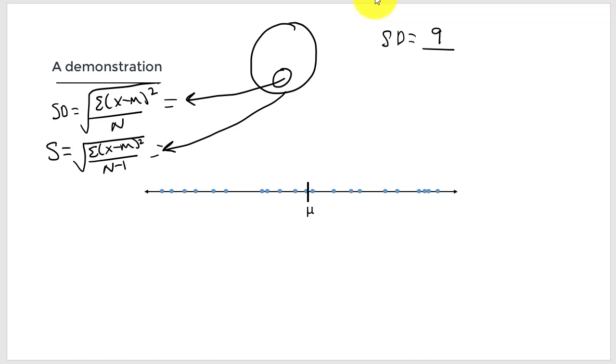For the sake of argument, let's say that there are 3 people in the group. So we would do sum of squares divided by n. The sum of the squared deviation scores is 9, n is equal to 3. That would equal 3. And then we would take the square root of that. Square root of 3 is 1.73. Lost my marker.